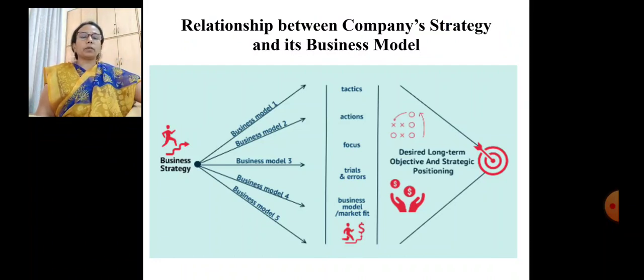Coming to the relationship between company strategy and its business model. Well, what is the relationship between strategy and business model? A company's business model is management's storyline for how the strategy will be a money maker.